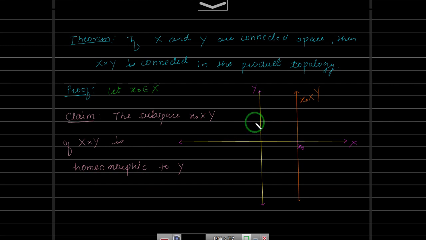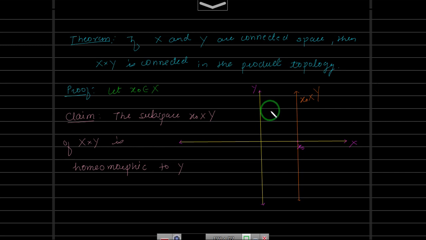To show that it's homeomorphic, we need to define a function f either from Y to x0 cross Y or from x0 cross Y to Y, which is a continuous bijective function whose inverse is also continuous. We have also shown the equivalent definition: f is bijective, f is continuous, and f is either an open map or a closed map.